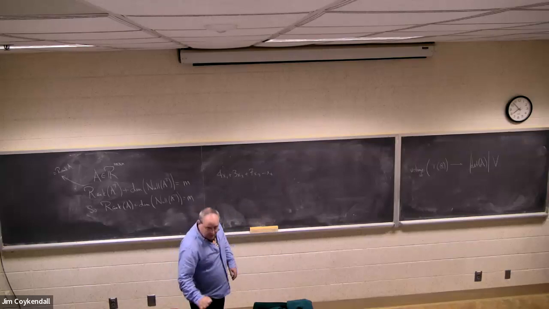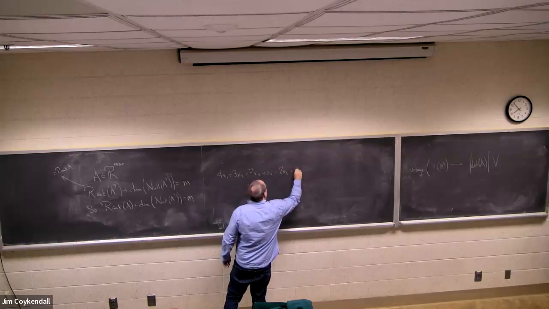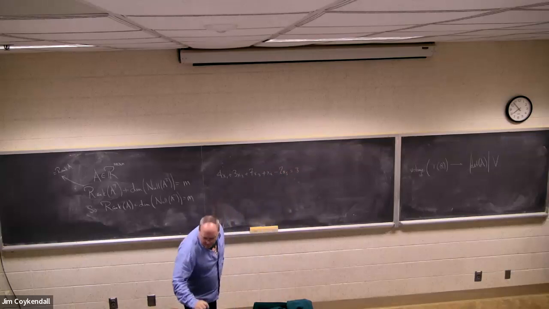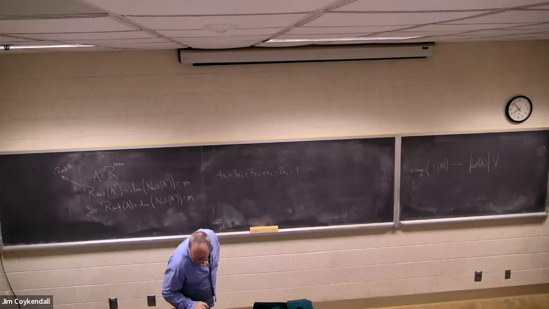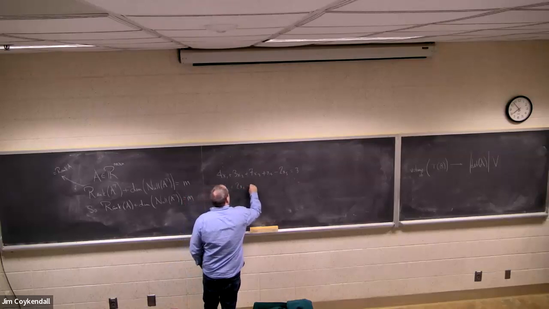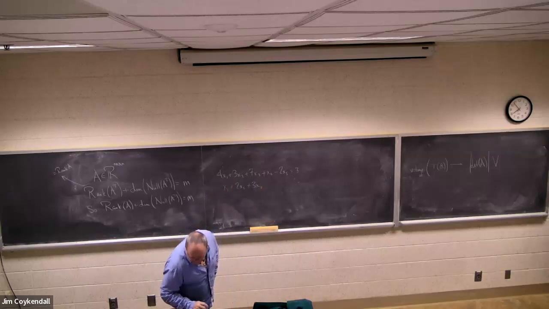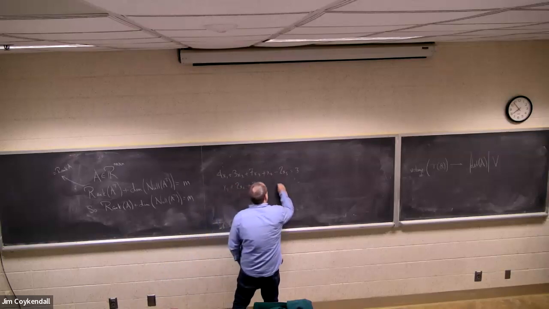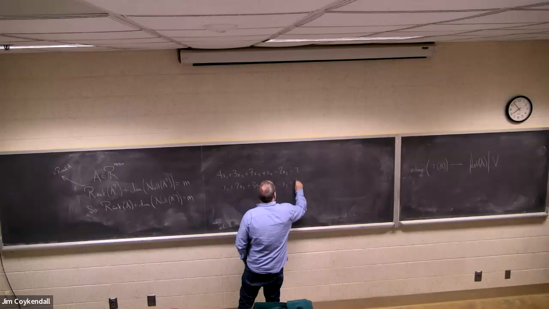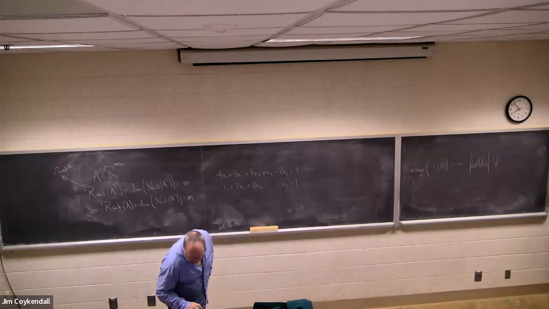Let's say 4 minus 2 is 5, minus x 5, 3, 2, 5.